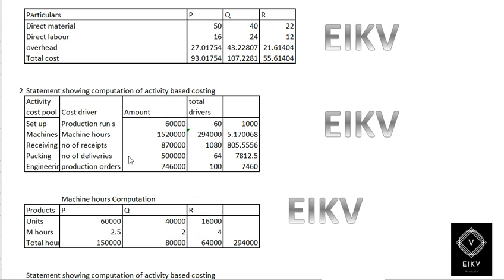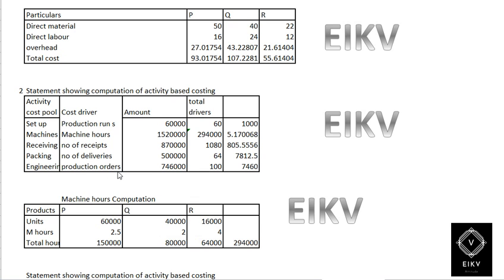Going further, the cost driver for packing is number of deliveries. The total cost of packing is 5 lakh and the number of deliveries is 64. Therefore 5 lakh divided by 64 will give 7,812 as the cost per driver. And last but not least, we have engineering cost, which amounts to 7,46,000.